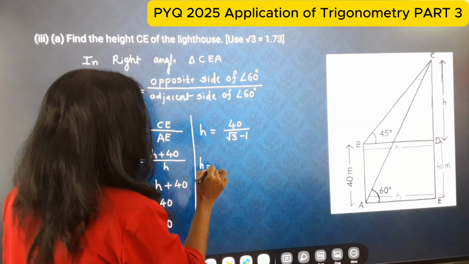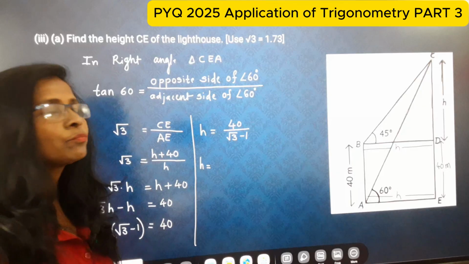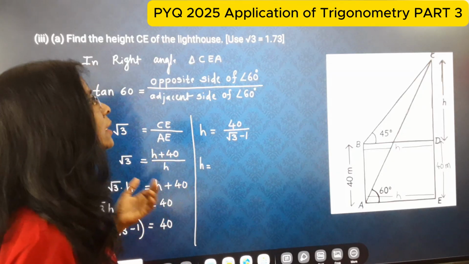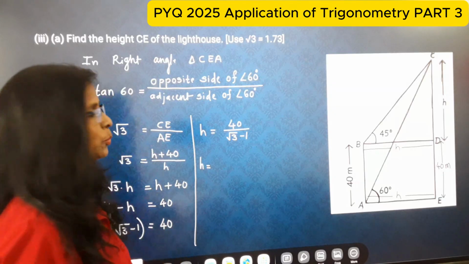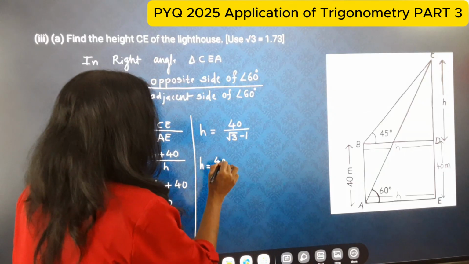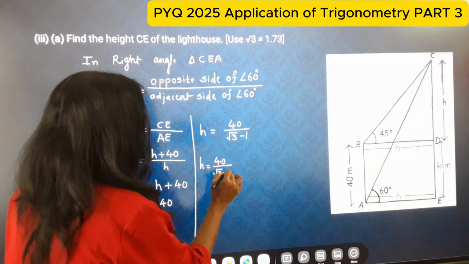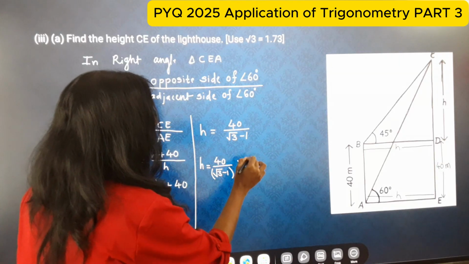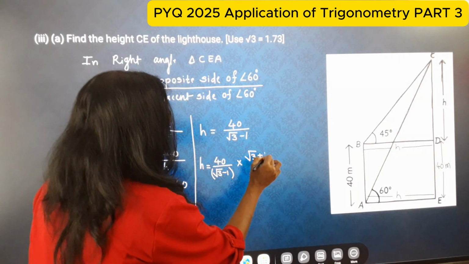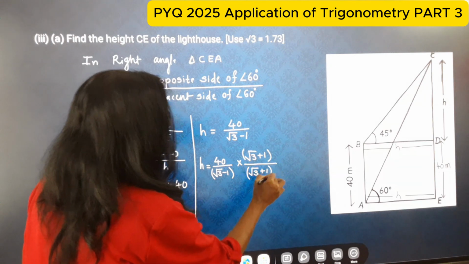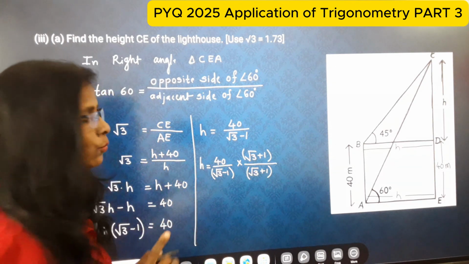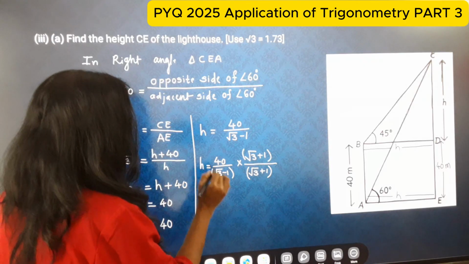Now here we can directly substitute 1.73, or we can do the rationalization process, students. So I do the rationalization process: root 3 minus 1, I multiply and divide by root 3 plus 1, because it is the simplest and easiest method.